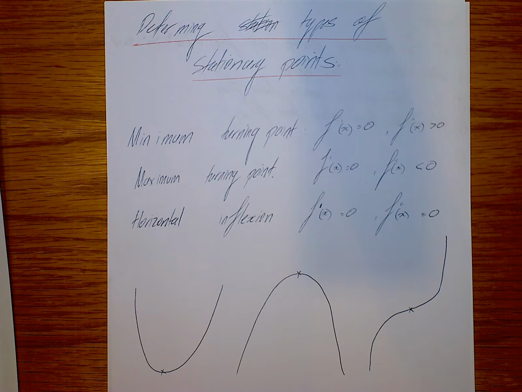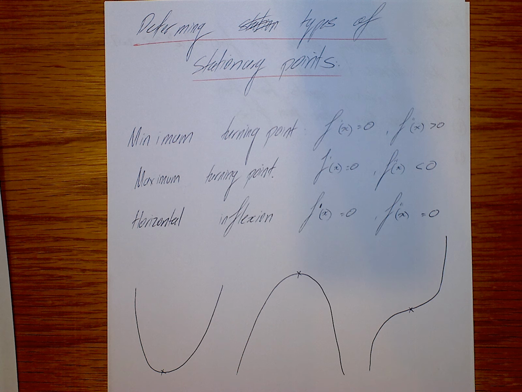Okay, we're up to determining the types of stationary points. Now, we've done a little bit of this already, and this chapter I wouldn't say is that difficult. It's more putting all the pieces together that we've done prior to this.